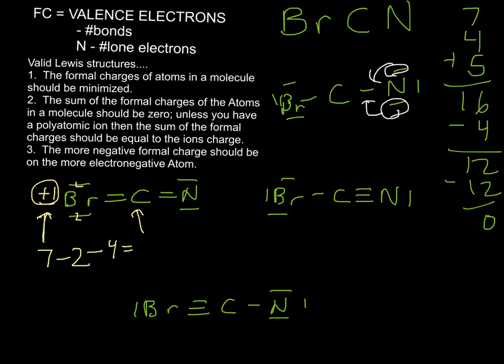Carbon has 4 valence electrons, is participating in 4 bonds, so it has a formal charge of 0. Then nitrogen over here, 5 valence electrons because it's in group 5A. It's participating in 2 bonds. It has 4 lone electrons, so it has a charge of -1 in this Lewis structure.